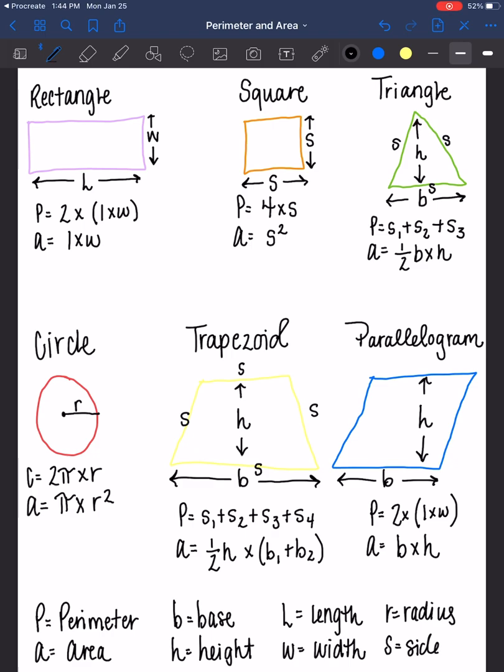I'm also going to add the C for circumference over here above perimeter, just so you remember that C stands for circumference, and it's very similar to perimeter.